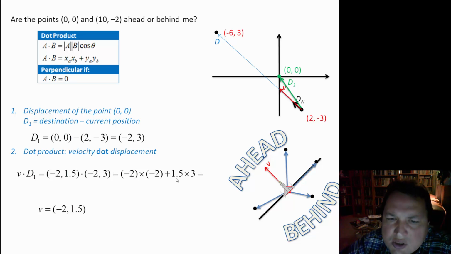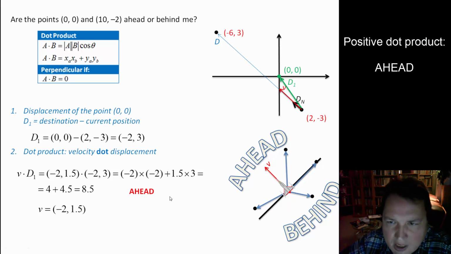Minus 2 times minus 2, minus and minus gives plus, so it's 4, and 1.5 times 3 is 4.5, so the result is 8.5. 8.5 is a positive result, so the point is ahead of me.